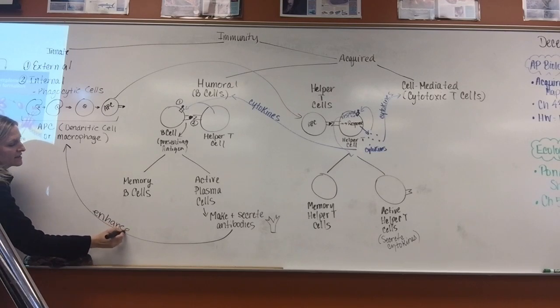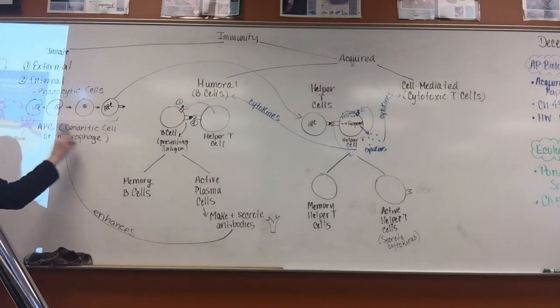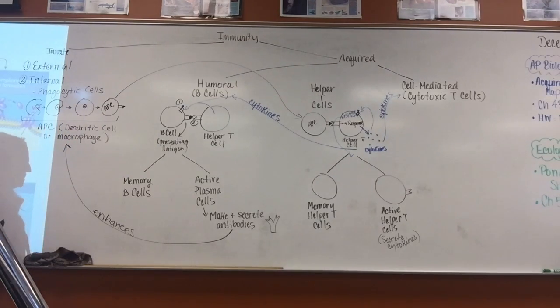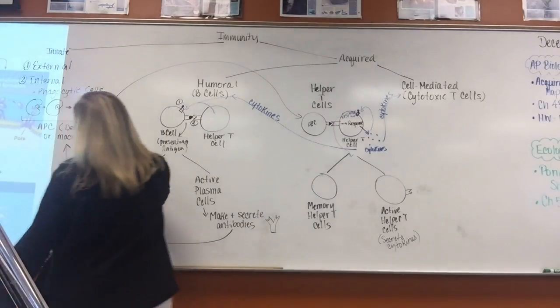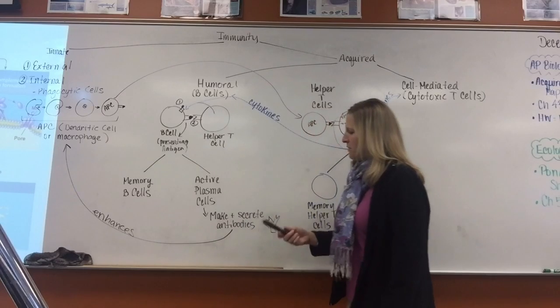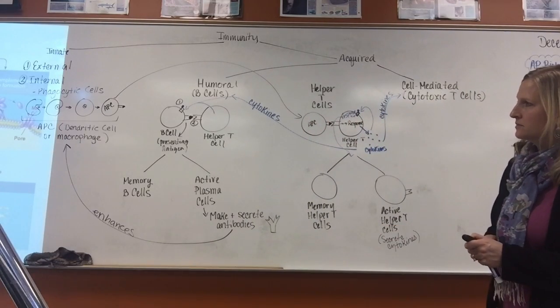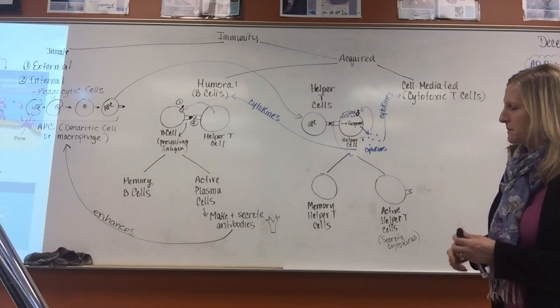This enhances phagocytosis. Really, all bacteria and all viruses are gotten rid of through the phagocytosis process, but that process is helped and is more efficient with the use of antibodies. And that's what that picture was showing.